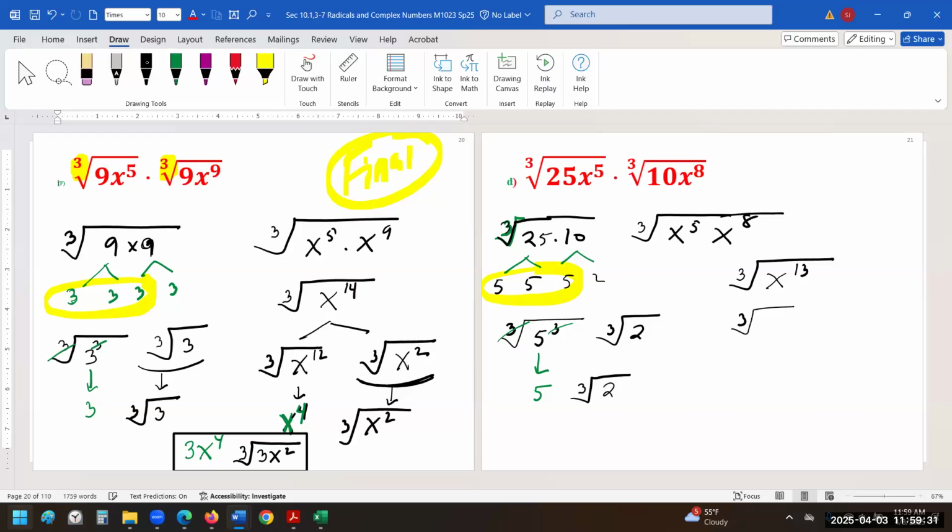If it's not, we split them into 2 pieces. What number below 13 is divisible by 3? 12. So we write x to the 12. And then how many power is alone? One of them. Now 12 divided by 3 is what? So we have x to the 4. And again, this x is underage, so it has to stay inside the house.